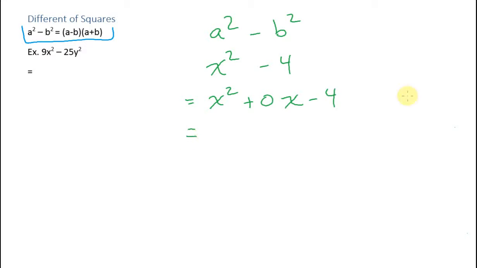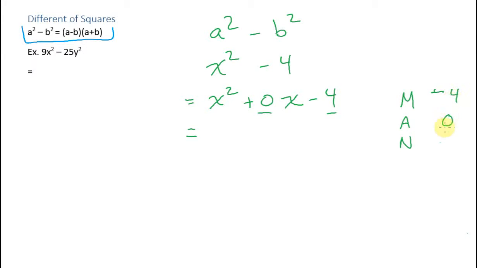Now we can follow the man rule. We need numbers that multiply to negative 4 and add to 0. What multiplies to negative 4 and adds to 0? We could try 1 and negative 4. That would give us negative 3 when we add it. We could try negative 1 and 4.